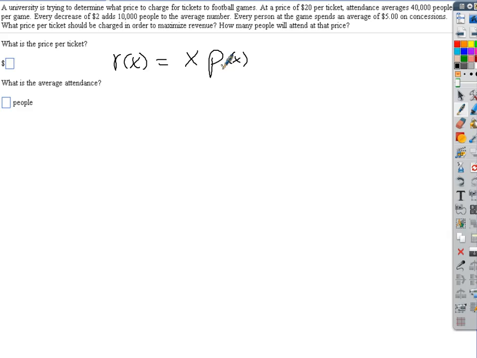Okay, so this is the demand function. We've got to figure out, what is the demand function? The demand function is going to come from the information about the price per item. So $20 per ticket averages 40,000. But the question is revenue function.